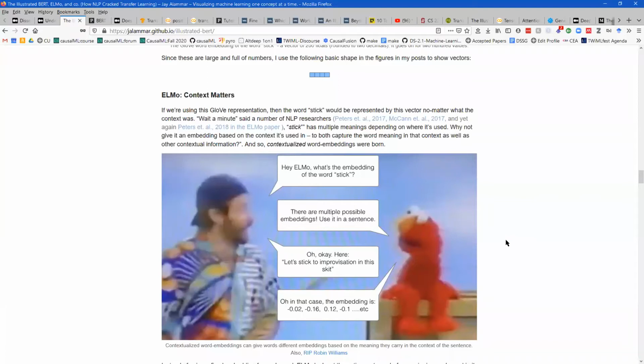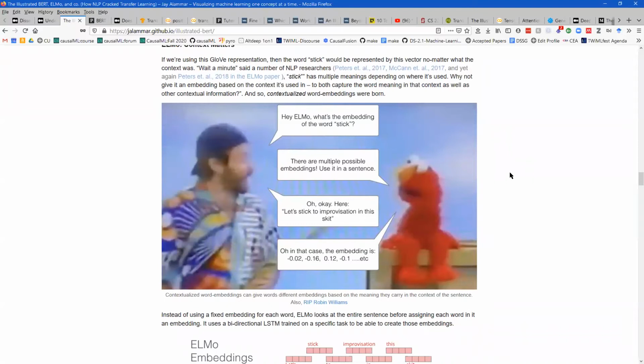Or actually, not what task you're trying to solve, but what sentence it's in. So it changes with every sentence. So here, the cartoon says if you want to find the embeddings of a word, give me a sentence in which it's used.